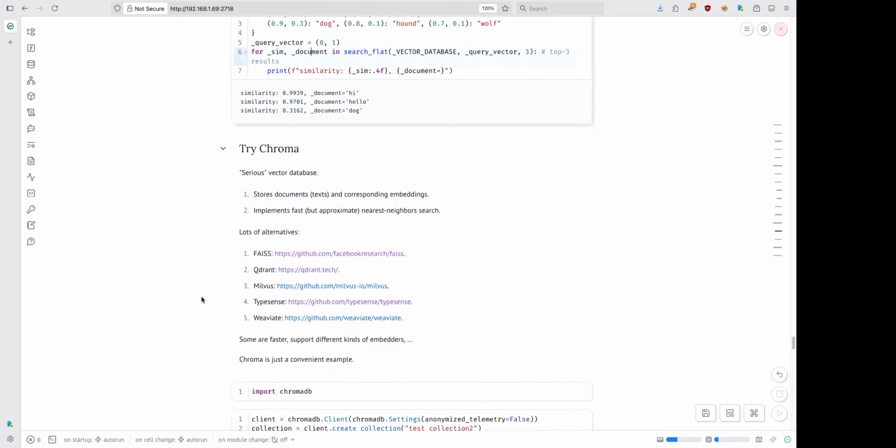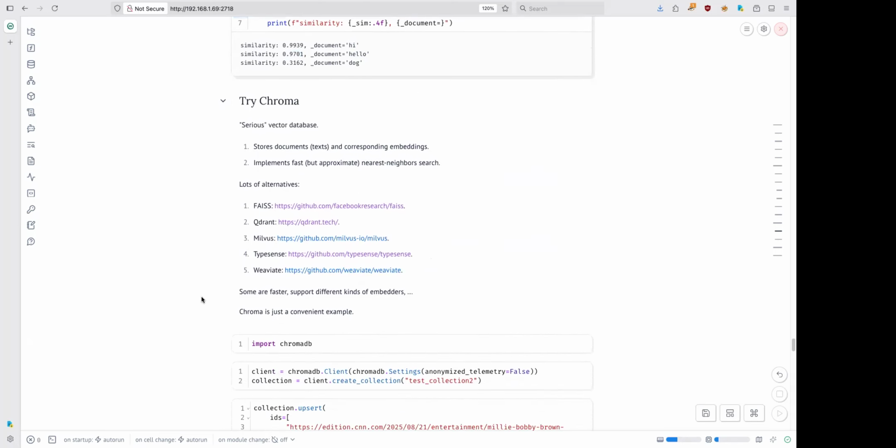Here we have a way more serious one. We use an actual vector database that stores our vectors and performs search. The main goal of databases in general is to store stuff efficiently and to search for stuff efficiently.